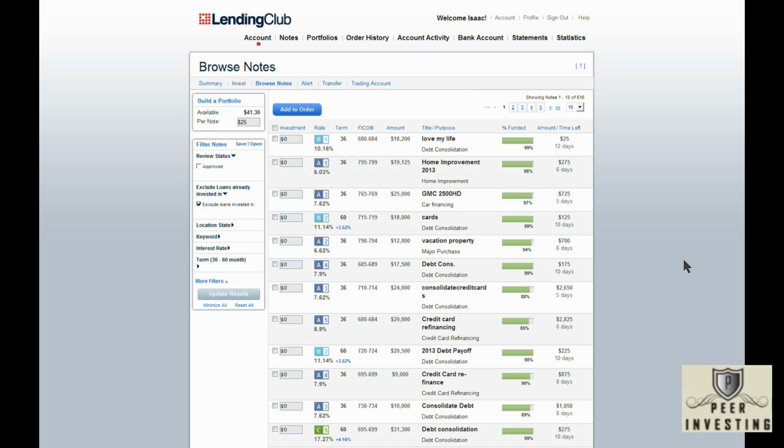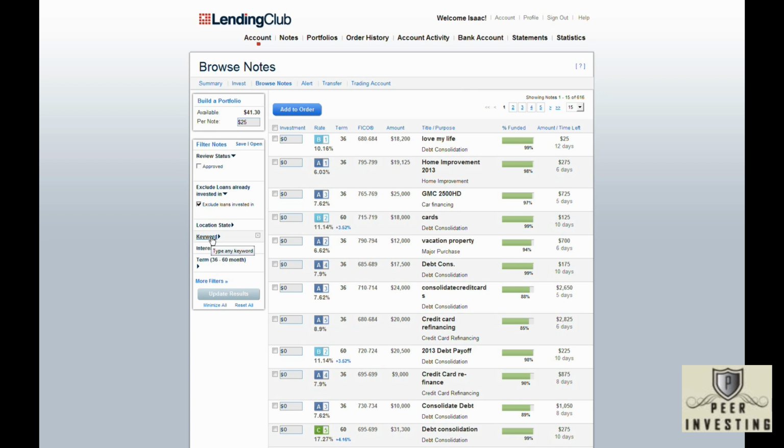This can be very time consuming when you do it this way, but the best way to do this is use these filters over here, and you can get very detailed. Say you want to only invest in people that are local to your state. You can do that. You can filter out certain notes based on the state. You can look for a keyword.